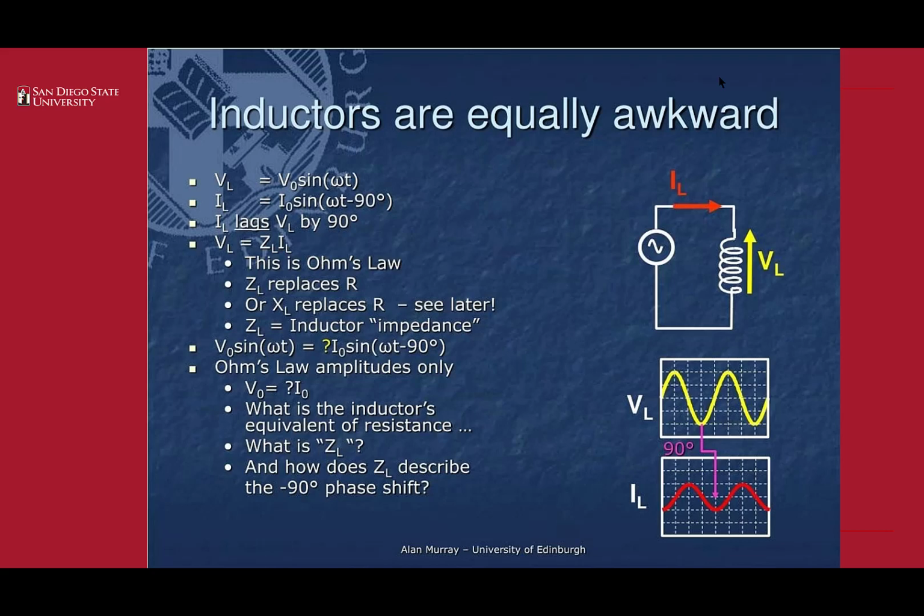And for the same reason as the capacitor, we get V0 sin omega t equals some factor times I0 sin(omega t minus 90). And this is where ZL takes place. And do not forget the phase shift here is minus 90 degrees.